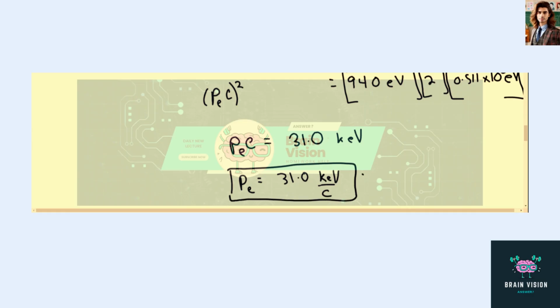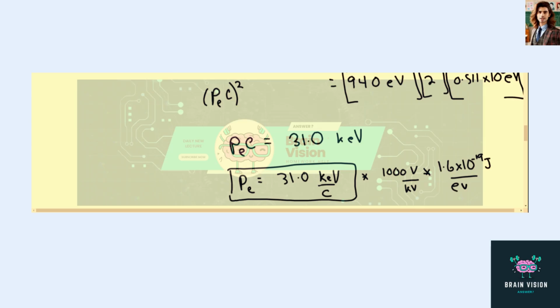We could multiply by 1,000 volts per kilovolt, and by the charge on an electron, 1.6 times 10 to the minus 19 joules per eV.